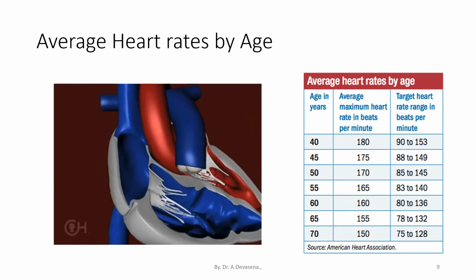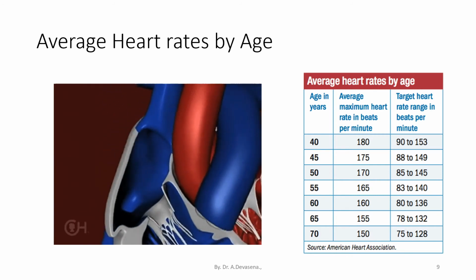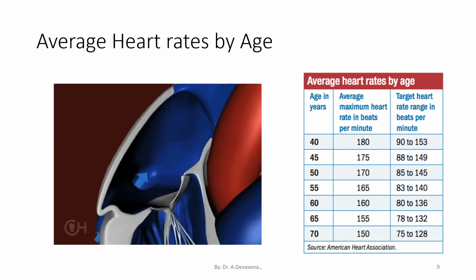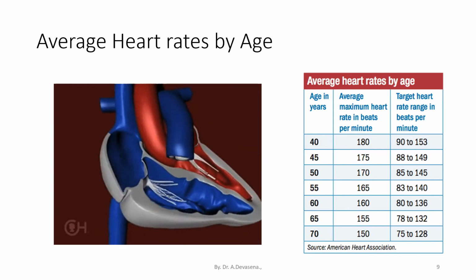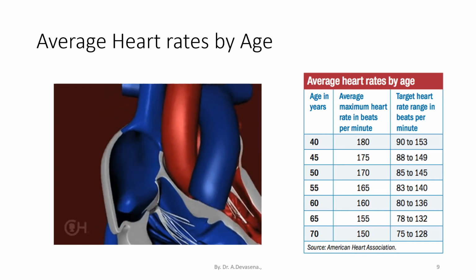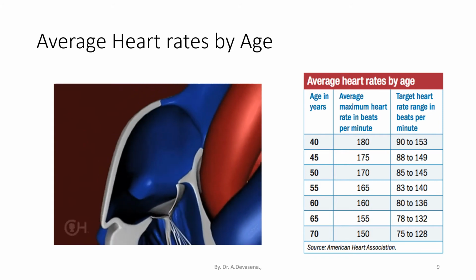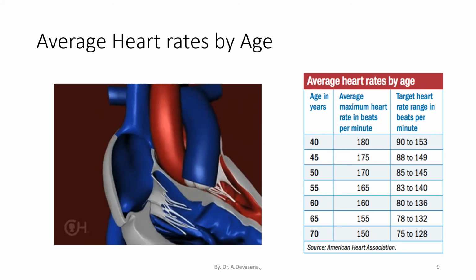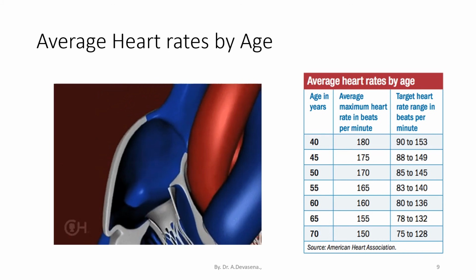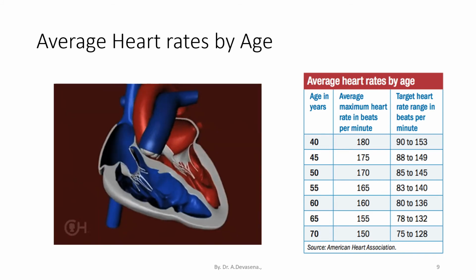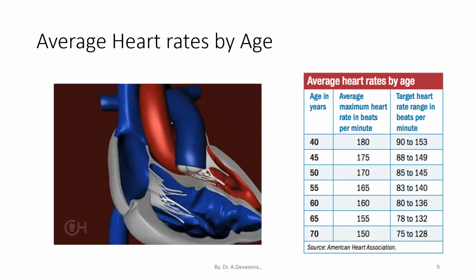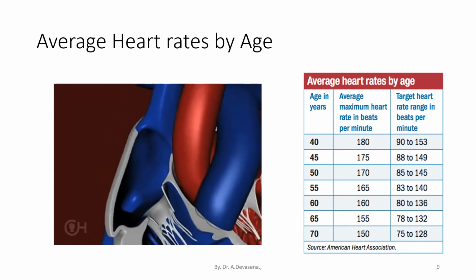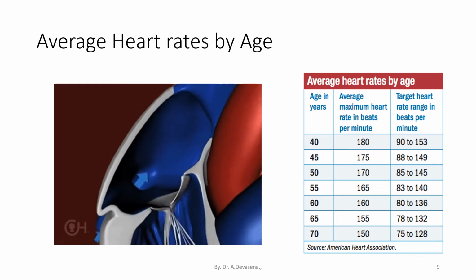The range is 80 to 136. At the age of 65, the maximum heart rate is 155. The target is 78 to 132. At the age of 70, the maximum heart rate is 150. The heart rate range is 75 to 128.